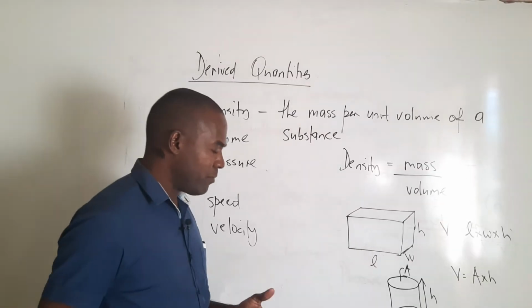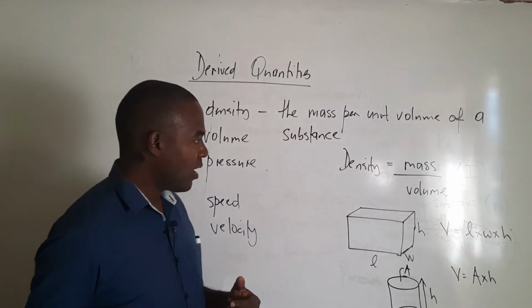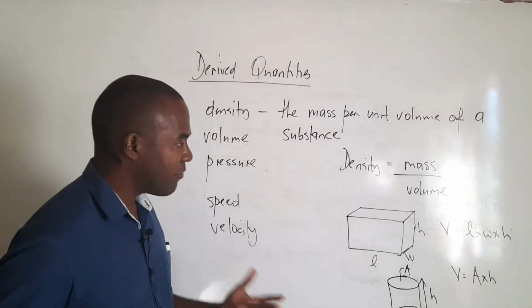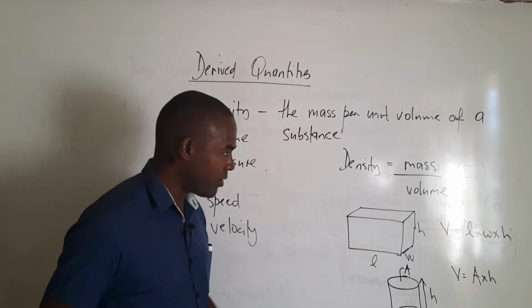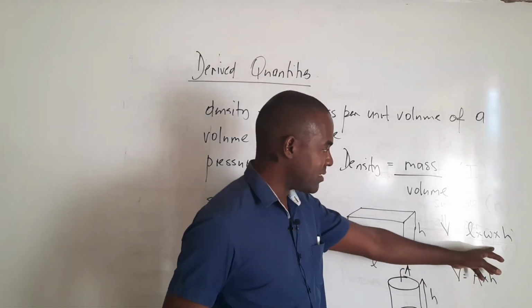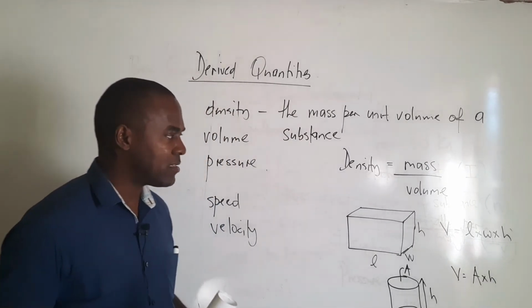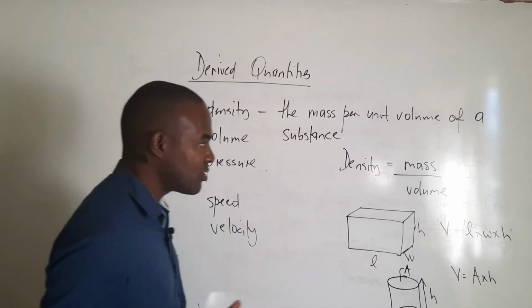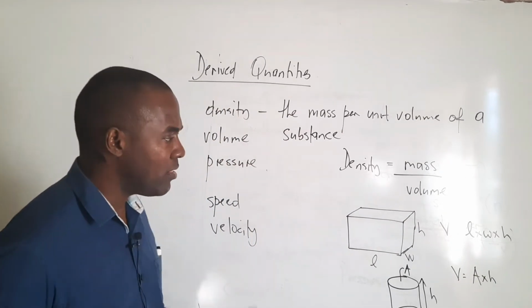So, what we're saying is that in order to calculate the volume of a rectangular shaped object or a cuboid, we multiply its length by its width by its height. Now, length, width, and height, of course, are all dimensions of length, and therefore the SI unit will be the meter.